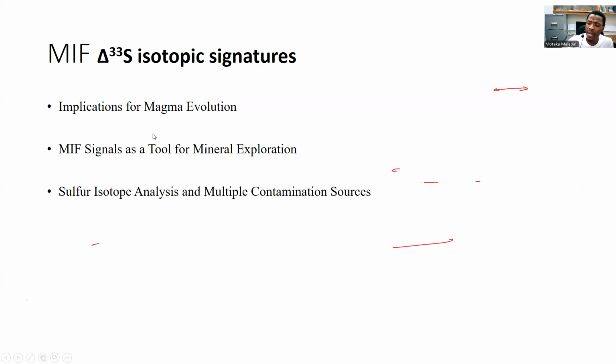Basically, if you identify crustal contamination through MIF signatures, this helps geologists understand the evolution of the Bushveld magma, for example.